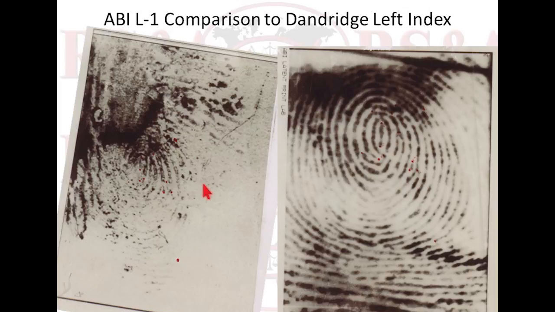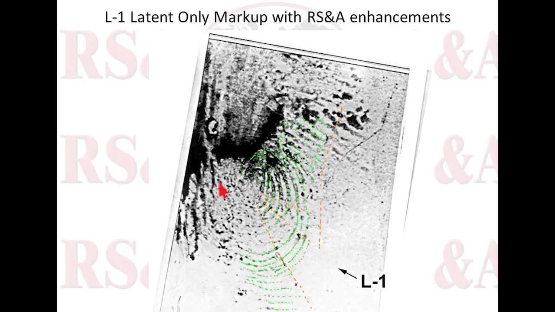So that's exactly right. And if you look at the line of distortion, if you go back to my latent to latent analysis, you're going to see that I consistently have an orange line running right through where that delta is going to be. Right.